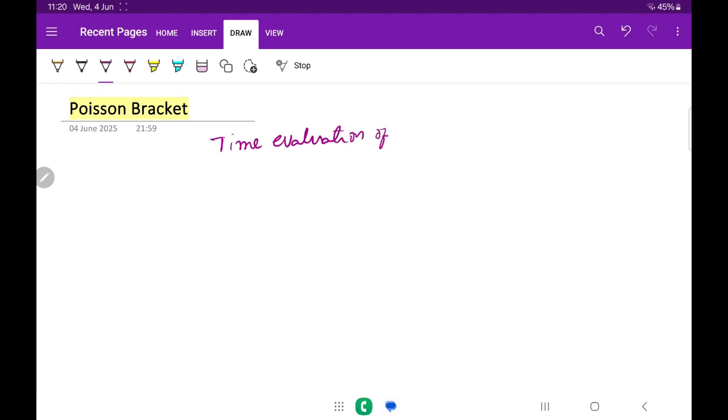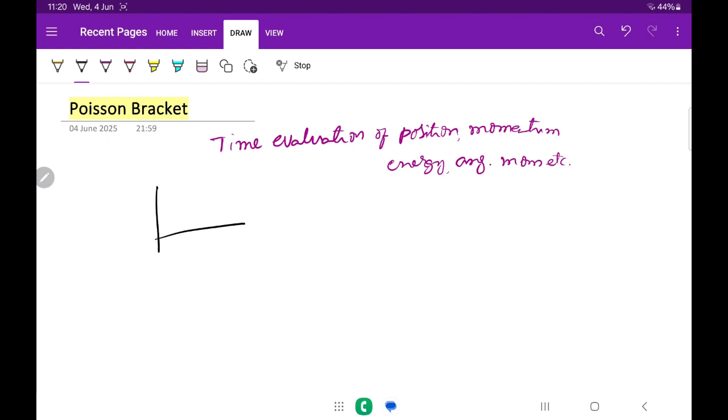Time evolution of position, momentum, energy, angular momentum, etc. So what is meant by time evolution? For example, if I throw a ball from here, it starts from our hand and eventually reaches the ground.